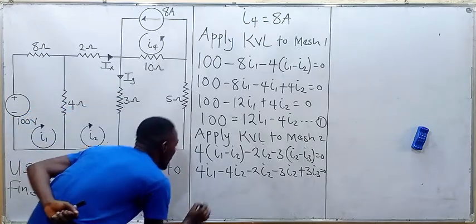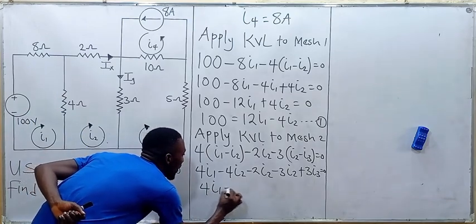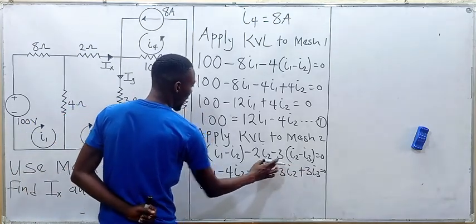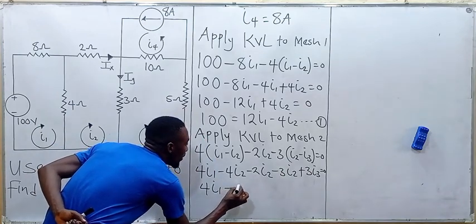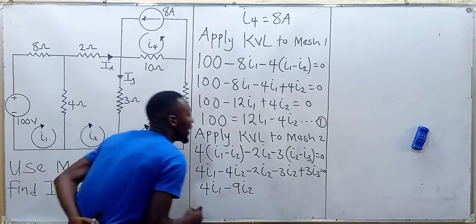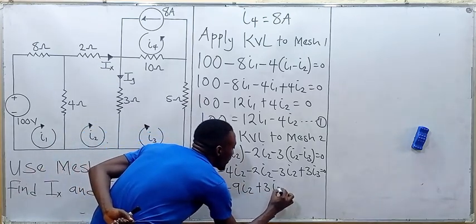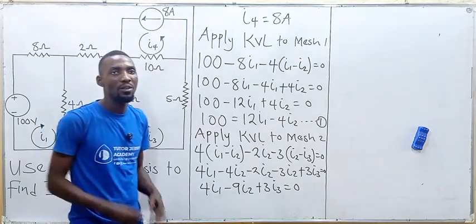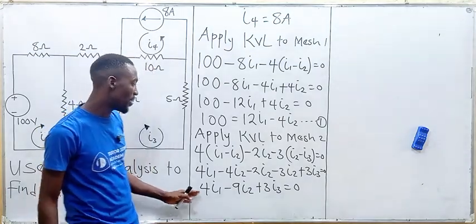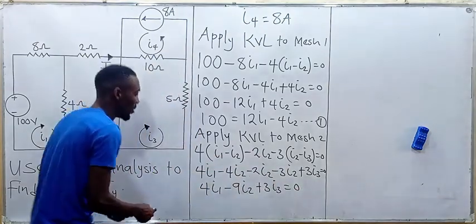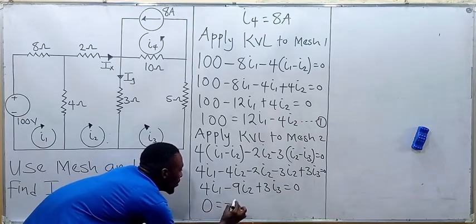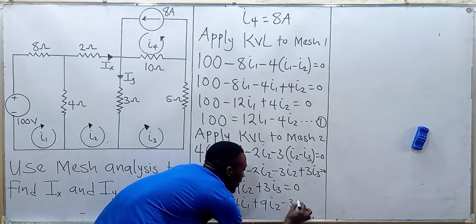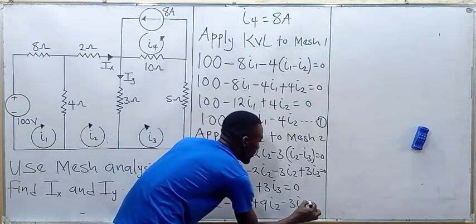If we rearrange this properly, everything here is going to give us 4I1 minus 9I2 plus 3I3 equals 0. If we move everything to the other side and bring back our 0 here, 0 will be equal to minus 4I1 plus 9I2 minus 3I3. Let's take this one as equation number 2.